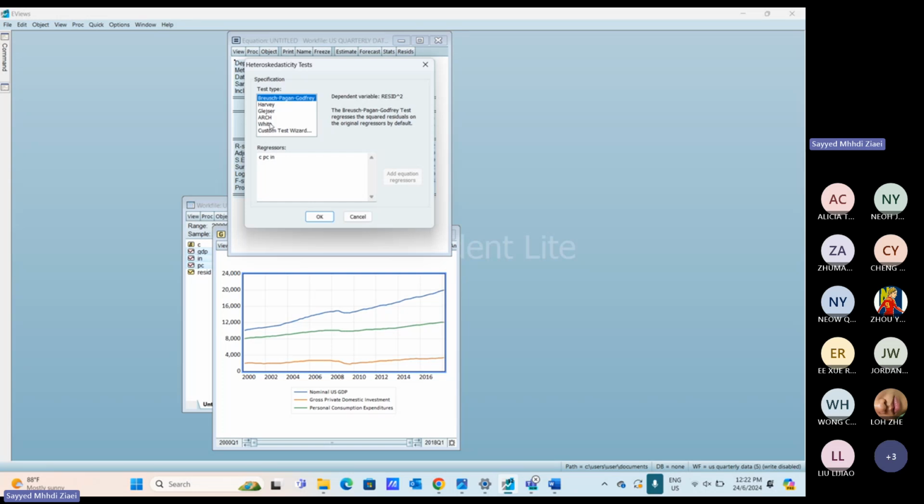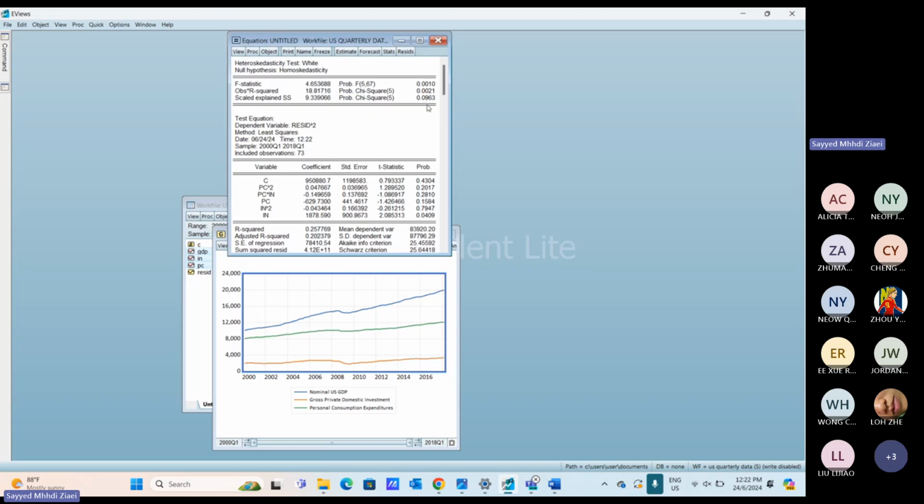The most famous one is the White test. If you choose the White test, you're going to get this result.